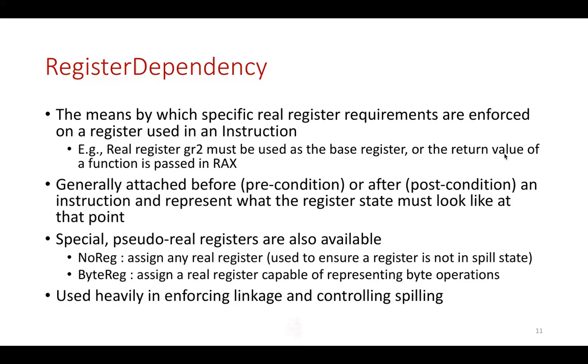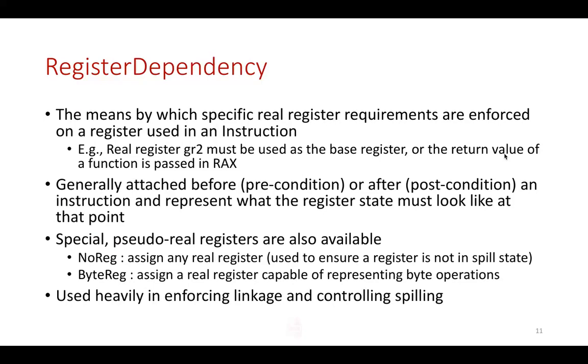I think Power still uses dep form instructions, where you actually have to have a specialized instruction form that you can hang a register dependency on. But anyhow, there should be a form that you can find where you can hang a register dependency on if you need it.